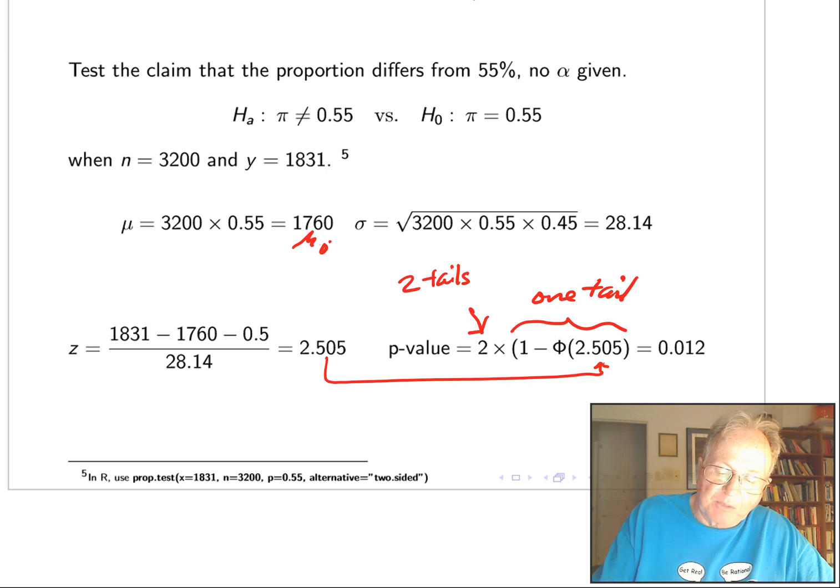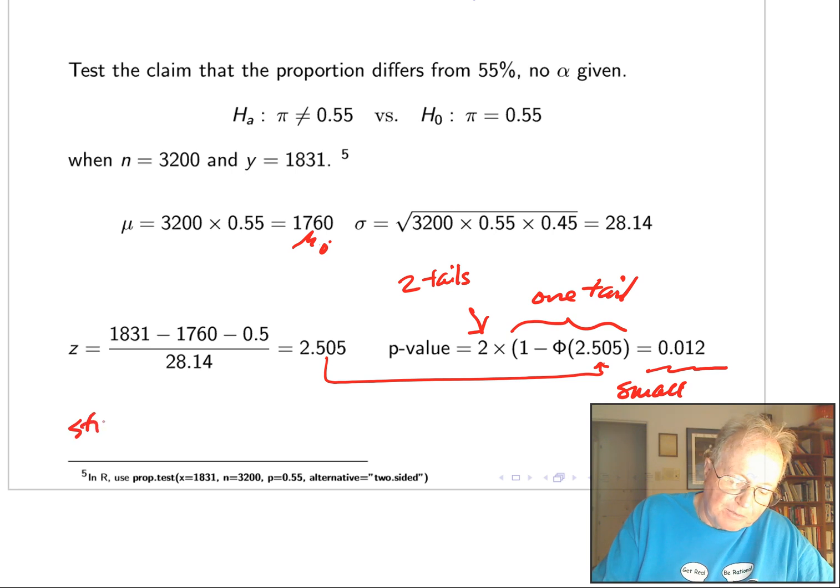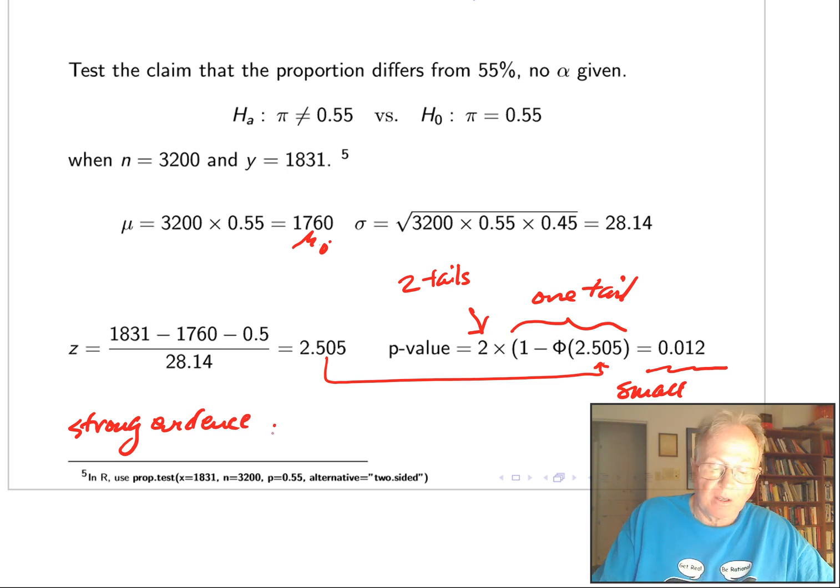So we have to multiply this probability by 2, and we end up with a p-value of 0.012, okay, which is very small. So strong evidence, and we reject the null hypothesis. Nice.